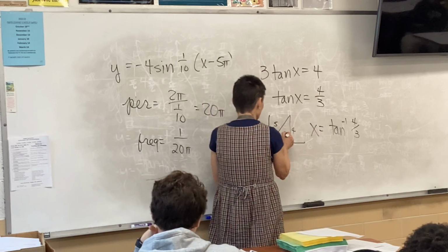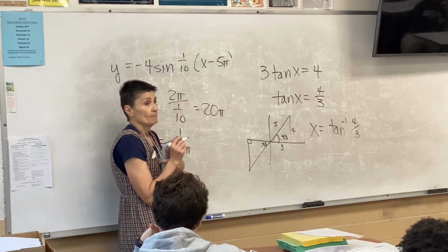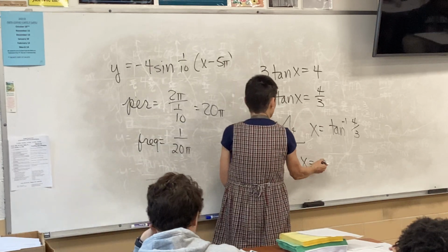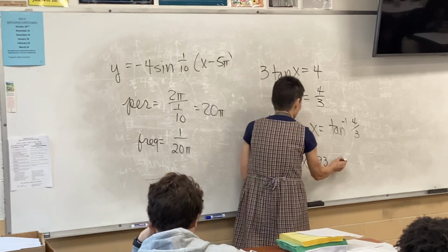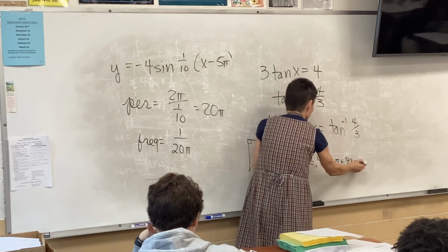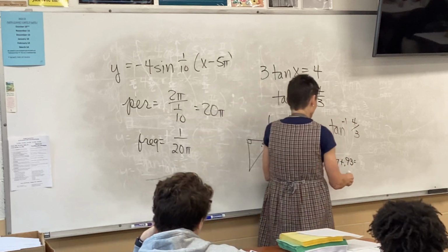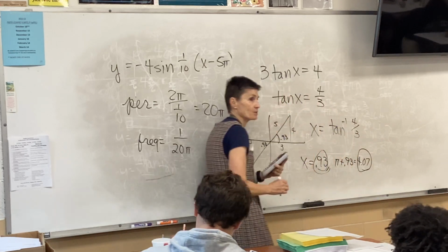So that would be 0.93. So my answers are 0.93 and pi plus 0.93, which is 4.07. Yeah. So there are your 2 answers to the problem.